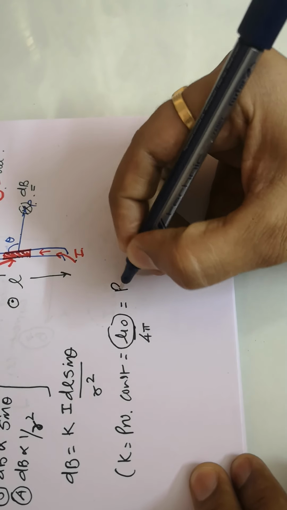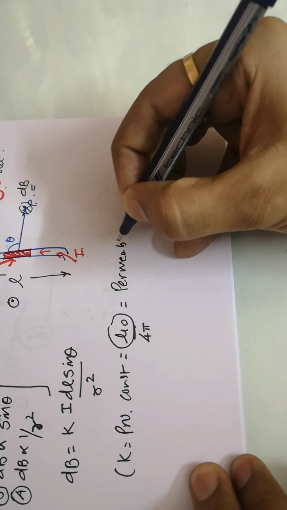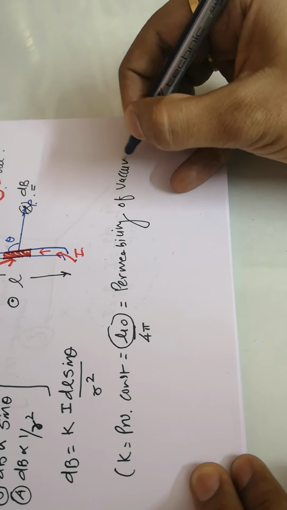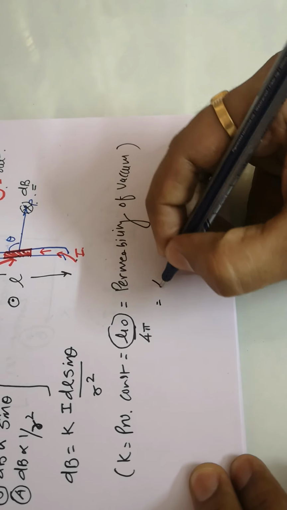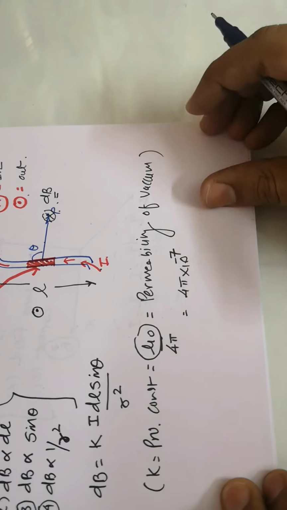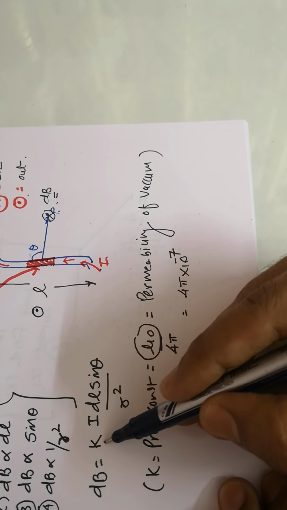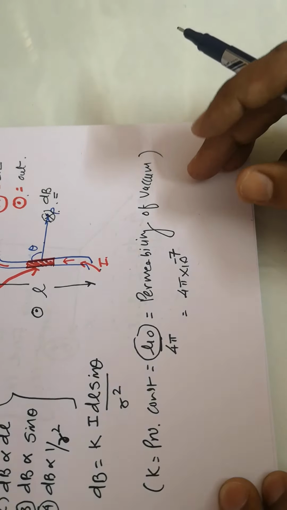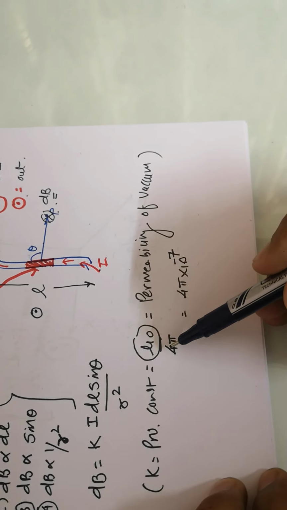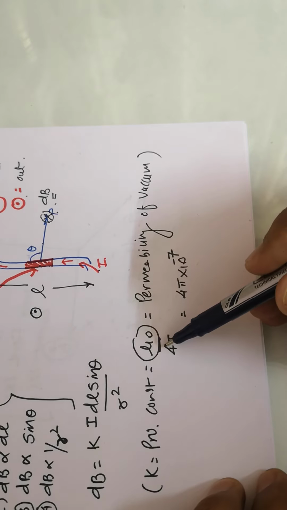Here it is mu 0, the permeability of vacuum. It is similar in that it also has a value, 4 pi cross 10 to the power minus 7. This is new for you, because up to chapters 1 and 2 we dealt with epsilon 0. Right now we have mu 0, the permeability of a vacuum.